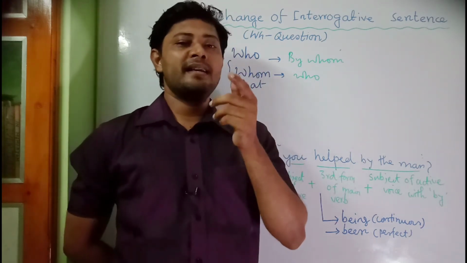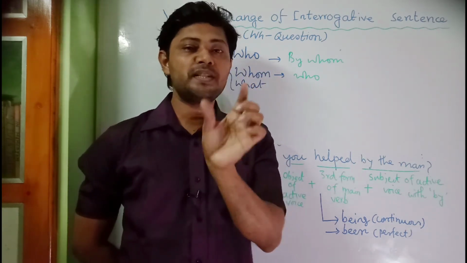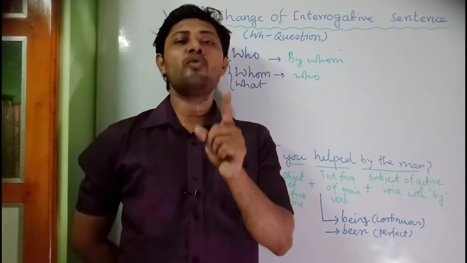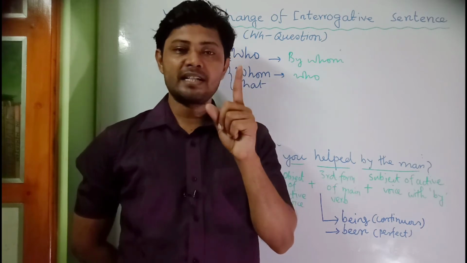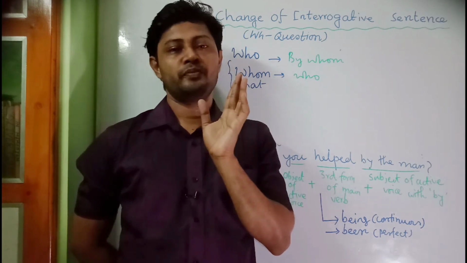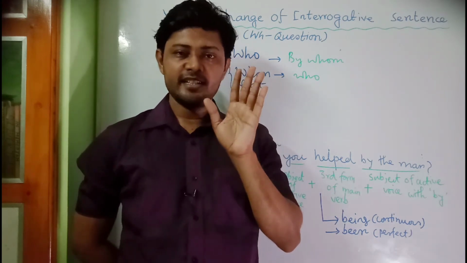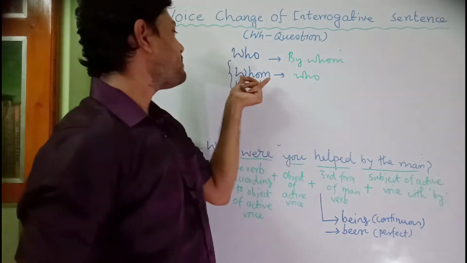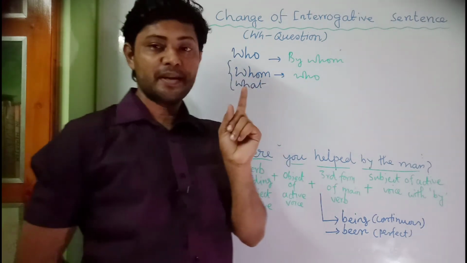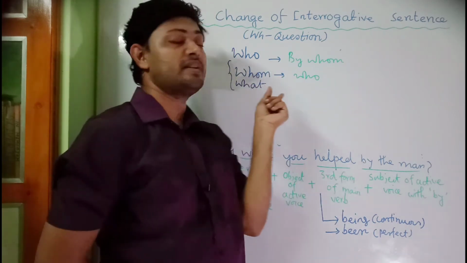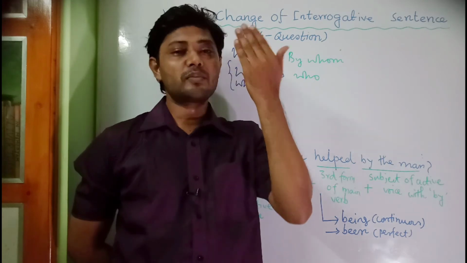Because try to remember, in the very first class of the voice change, I told you how to find an object in a sentence. We have to ask the main verb questions with what and whom. The answer is the object, isn't it? So whenever the question starts itself with whom or what, that means the answers of these questions are absent. That means the object is not mentioned.